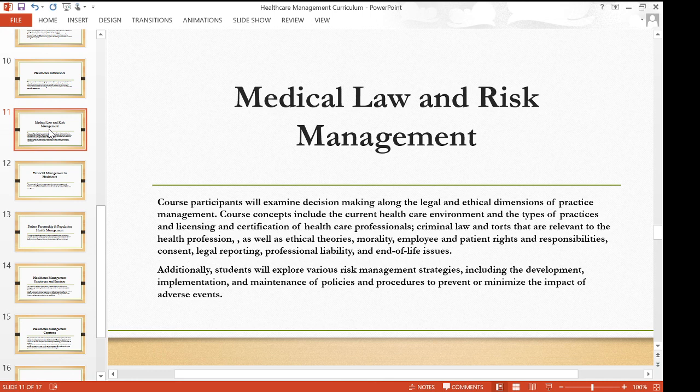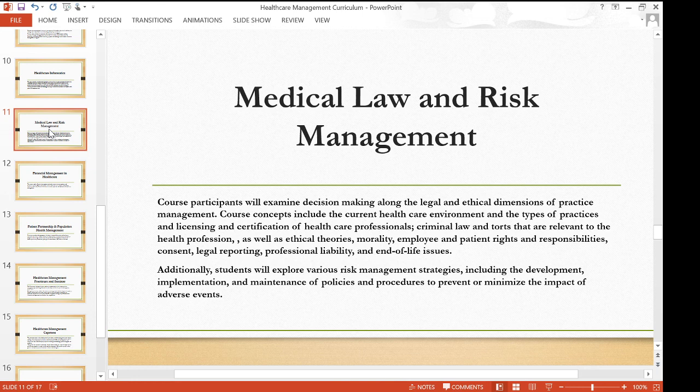Course concepts include the current healthcare environment and the types of practices and licensing and certification of healthcare professionals, criminal law and tort that are relevant to the healthcare profession, as well as ethical theories, morality, employee and patient's rights and responsibilities, consent, legal reporting, professional liability, and end-of-life issues.